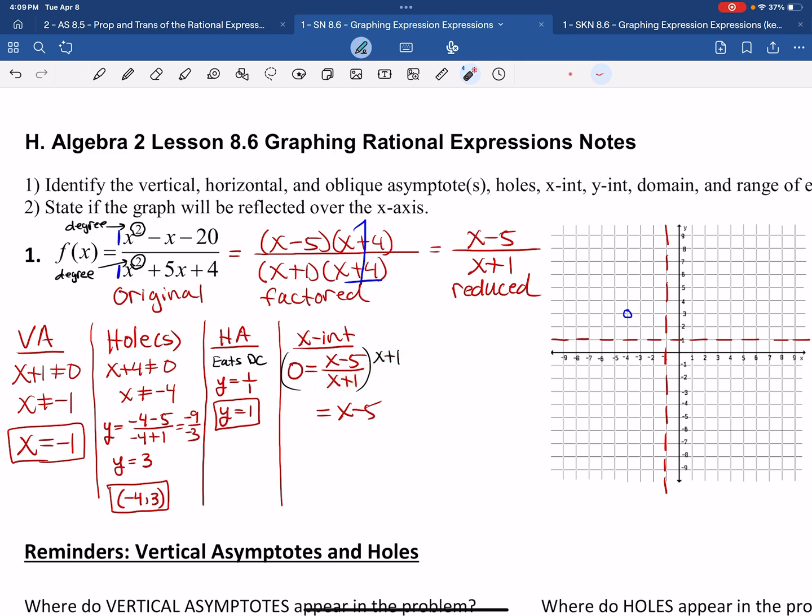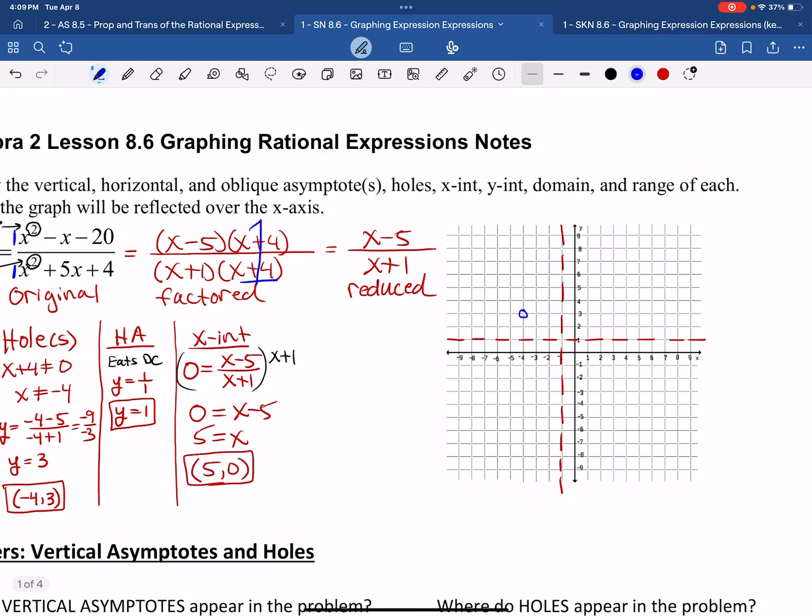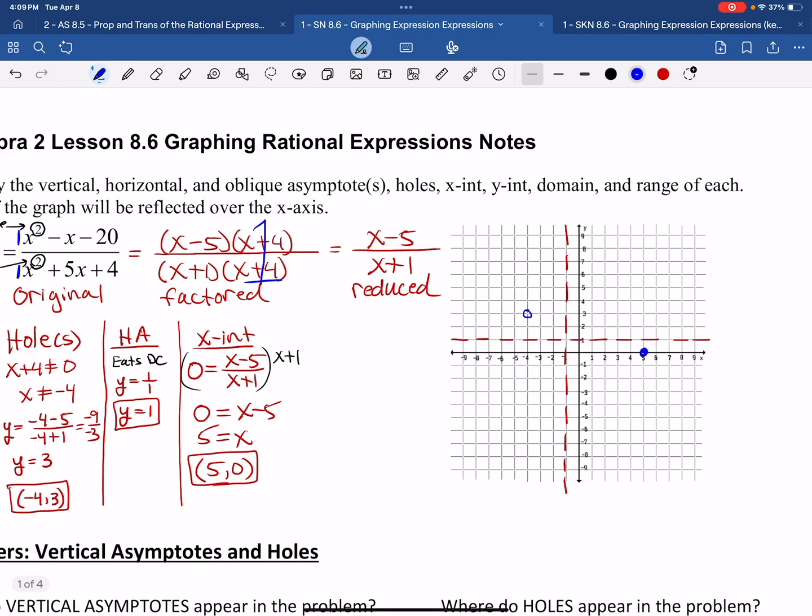And when I multiply the left side, x plus 1 times 0 is just 0. So I get a 0 over here. Move the 5 over, so x is equal to 5. So my point then is (5, 0). So I'm going to go over to the graph, and I'm going to plot a point at (5, 0).